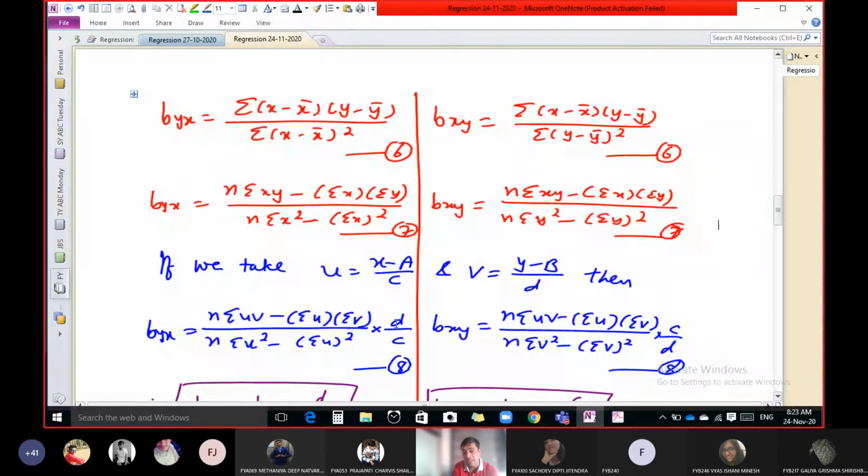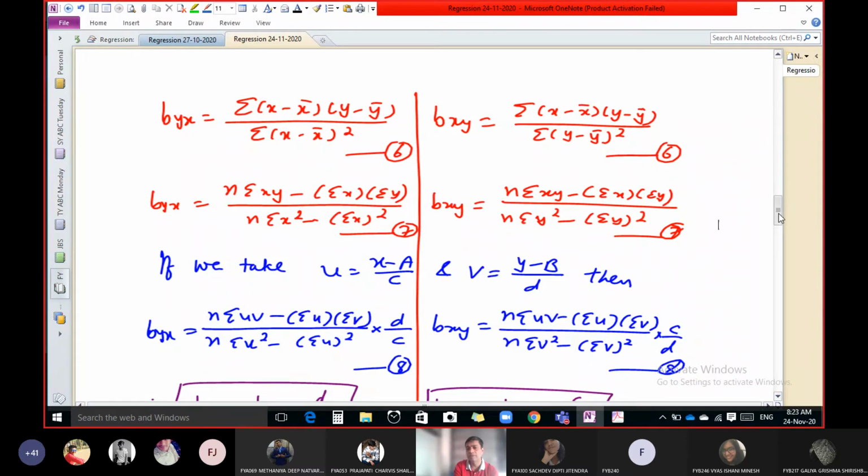We have to multiply by d by c here, and by c by d here. What are c and d? c is whatever we divided x minus a by, so you write c in the denominator here, and d in the denominator there.